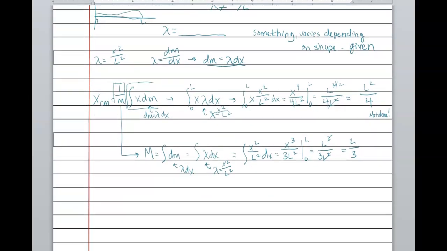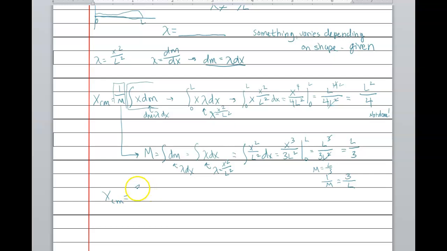Now, going back to our whole equation, this is what m is equal to. We need 1 over m. So we need to flip that around because m equals L over 3. 1 over m is going to be the inverse of that, which is 3 over L. So now we have our 2 parts to our equation. Now we just need to smush them together.